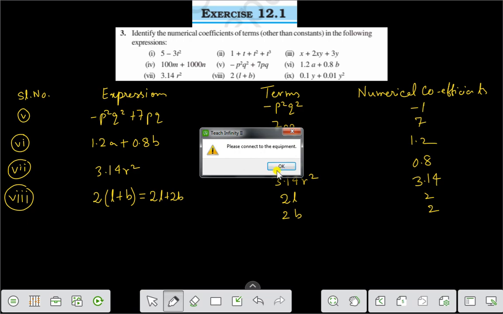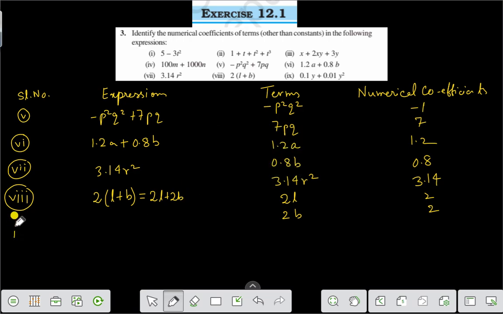Now question number 9. The expression is 0.1y plus 0.01y square. Here there are two terms, 0.1y and 0.01y square. y is multiplied with 0.1, therefore the numerical coefficient will be 0.1.